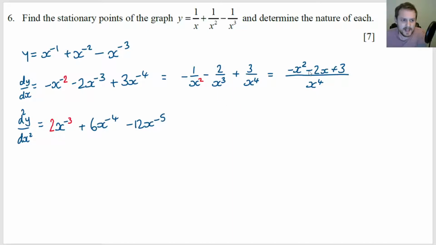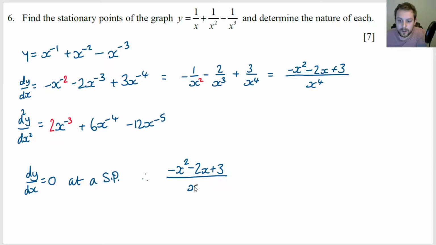But I did really need to do it for this, just because I'm going to be setting it equal to 0. So dy by dx is 0 at a stationary point. So therefore, I'm actually solving this equation here. Minus x squared minus 2x plus 3 all over x to the 4 is 0.